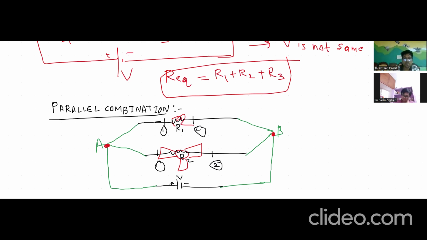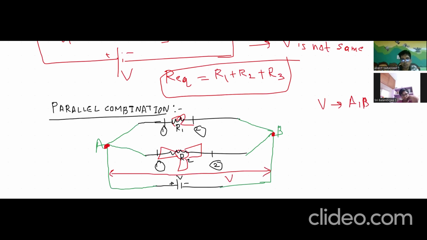Clear? Now you can see V is the potential difference across A and B, because there are no other points. Only this A is here, then it branches, one branch here, next branch here. Similarly B. So this V is the potential difference across A and B.